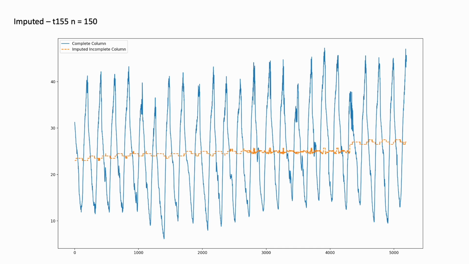And here's the imputed data, once again doing kind of a reasonable job of capturing the diurnal trend, but losing the longer-term increase in soil temperature, as you can see in that jump towards the end of the data set. So yeah, this demonstrates that probably that air temperature is not the greatest for capturing that long-term trend or increase in soil temperature over time.